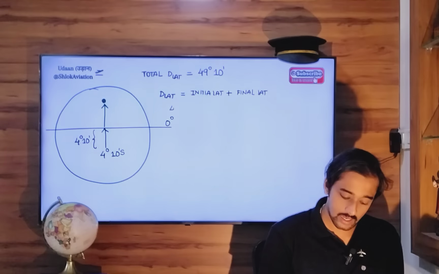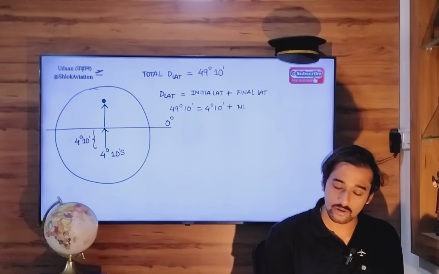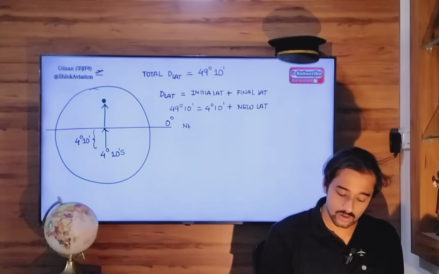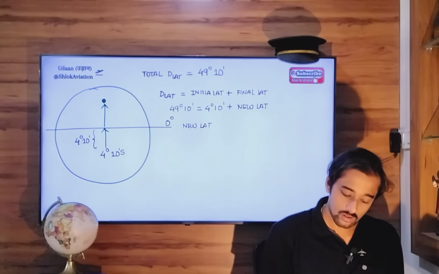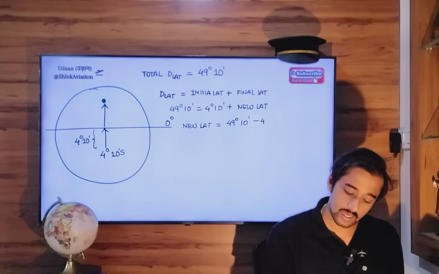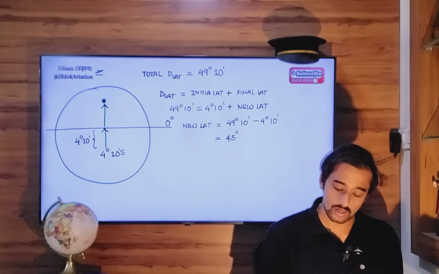So 49 degree 10 minutes is equal to 4 degree 10 minutes plus new latitude. New latitude will be equal to 49 degree 10 minutes minus 4 degree 10 minutes, which is equal to 45 degree.